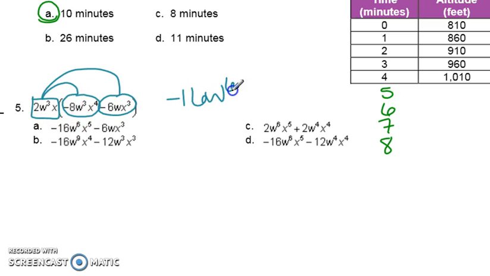So I have w to the 6th and x to the 5th. Then I have a positive times another negative. So 2 times negative 6, negative 12, and then w to the 4th, x to the 4th. So it looks like my answer is going to be D, like dog.